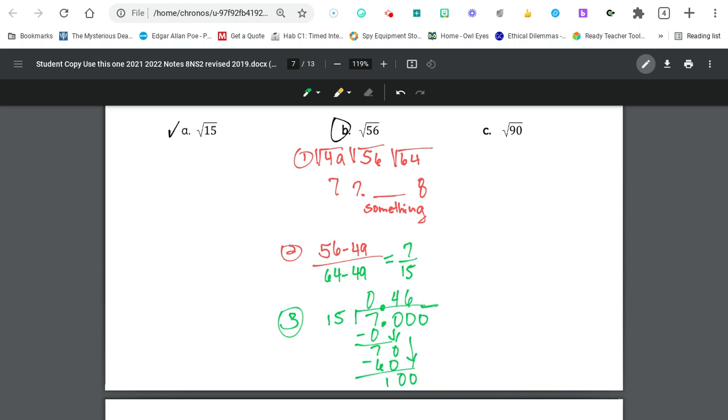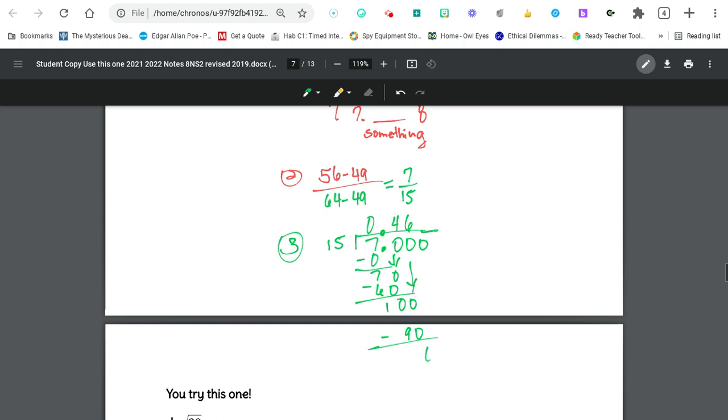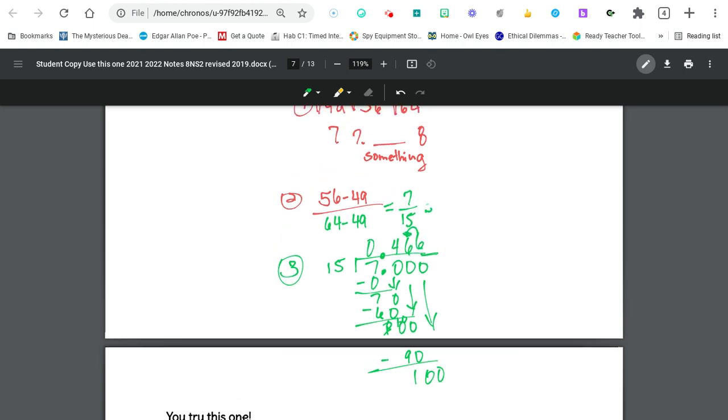That would be 6, which is 90. And that'll be another 6. Well, that 6 tells the other 6 to go up to a 7. So this is approximately 47 hundredths. So whatever's behind the decimal here goes behind the decimal there. That's that something part.